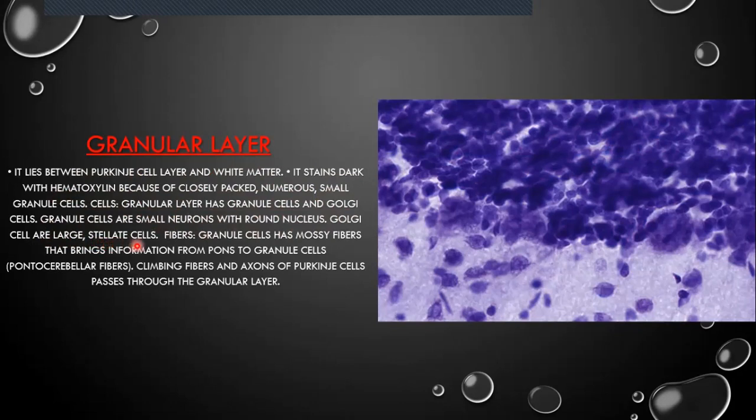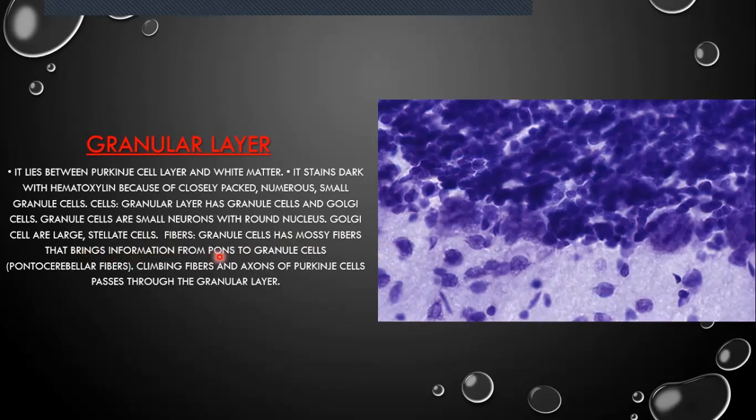They are stellate shaped. Now, which are the fibers in the granular layer? The granular layer has mossy fibers, and the mossy fibers terminate in the granular layer, but the climbing fibers terminate in the outer molecular layer.